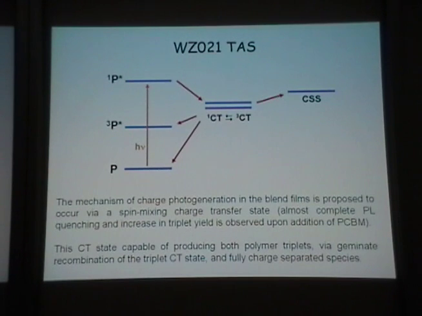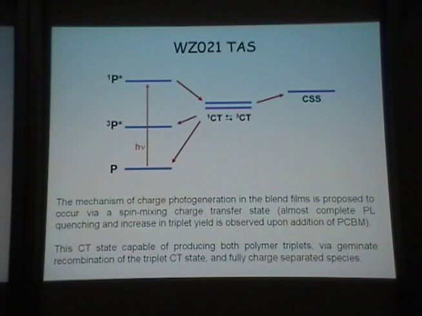If we're getting high PL quenching when you add the PCBM, it suggests that you don't have that direct intersystem crossing. And because we're seeing that increase in the triplet yield when we add small quantities of PCBM, it implies that you're getting it via that charge transfer state with the PCBM.